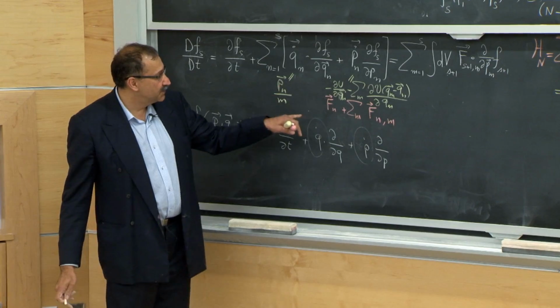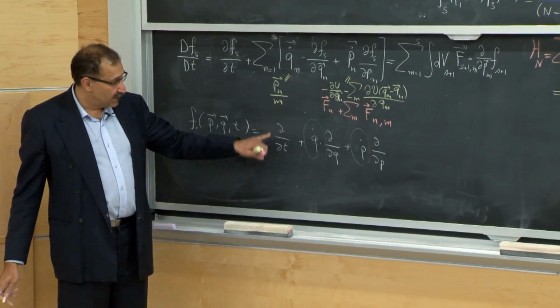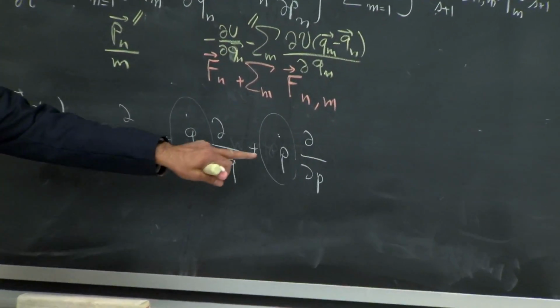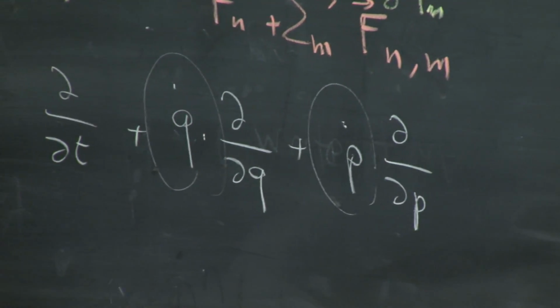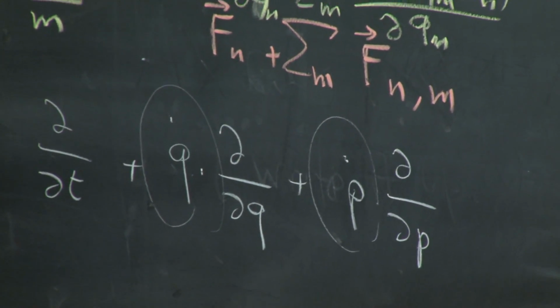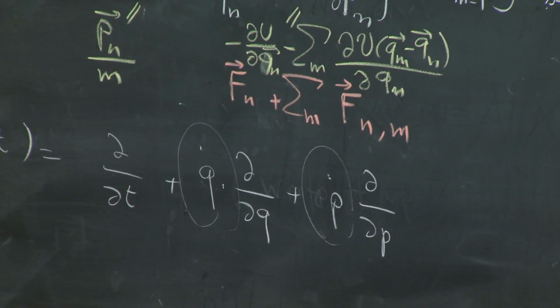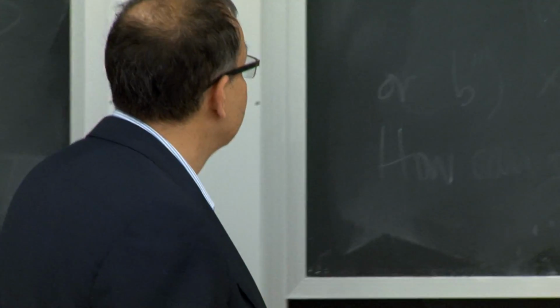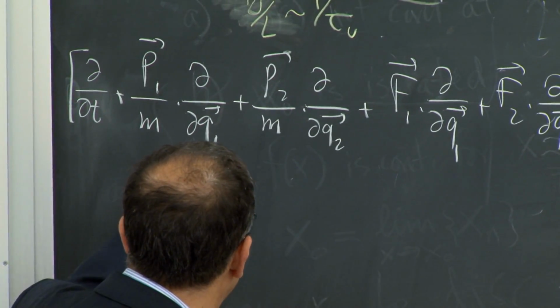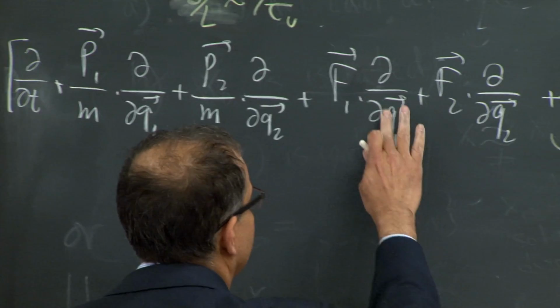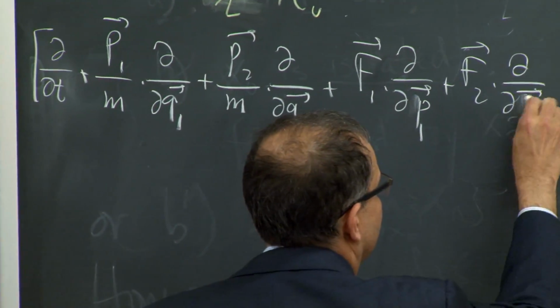Velocity is momentum divided by mass. So that should dimensionally work out. P dot is a force. What I have written here is force. So in a reasonable coordinate system, what did I do here? I made mistakes. Force times d by dq is d by dp. And also in the first line.